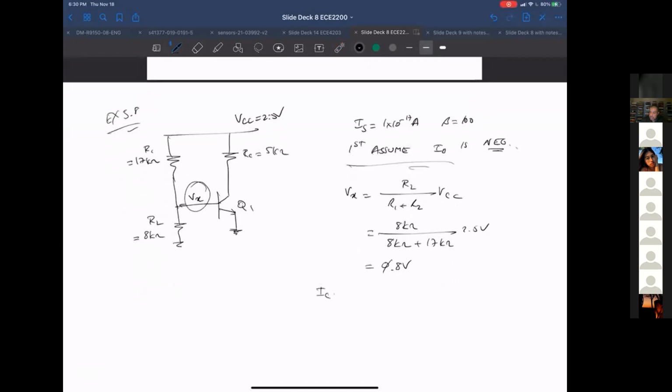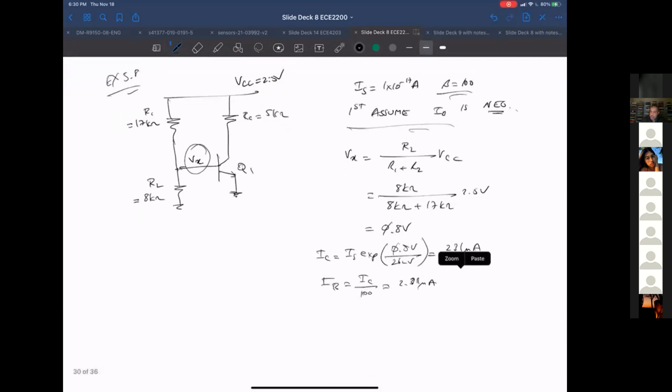That gives me an I sub C of 231 microamps. Assuming a beta of 100, I sub C over 100 gives me 2.31 microamps for I sub B. Okay, so let's check.